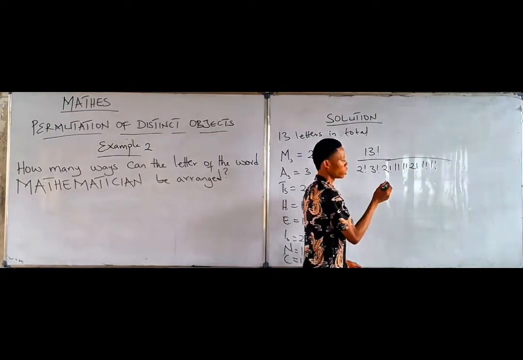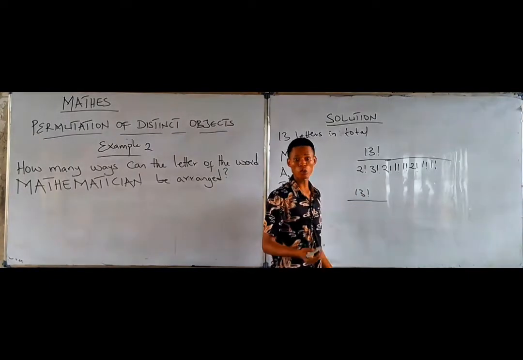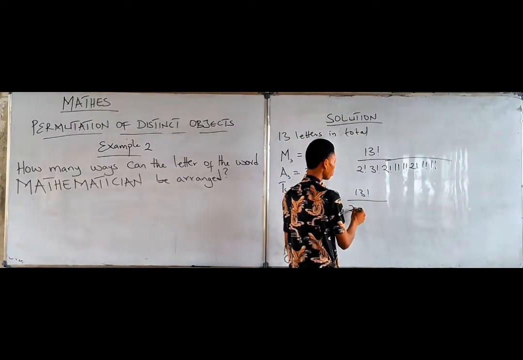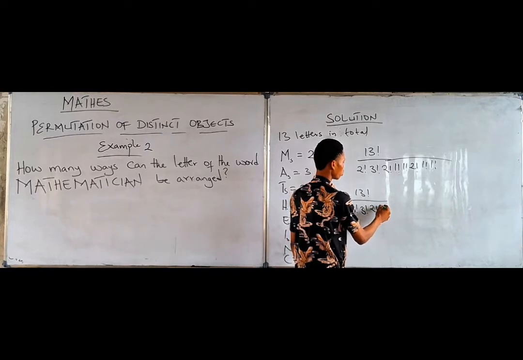But you know, 1 factorial is still 1, is it not? So let's just remove all the ones. So we'll be having 2 factorial times 3 factorial times 2 factorial times 2 factorial.